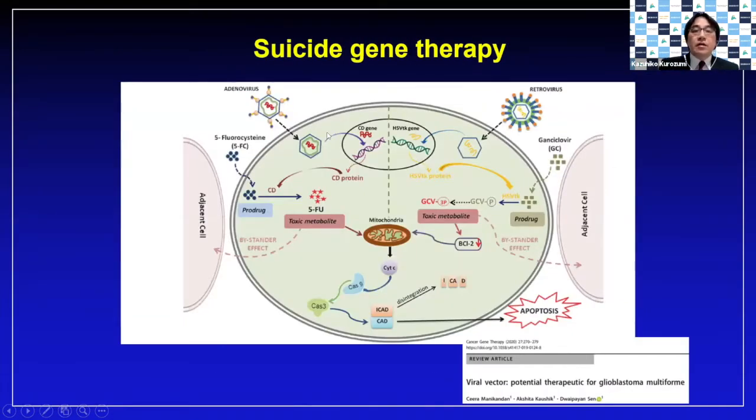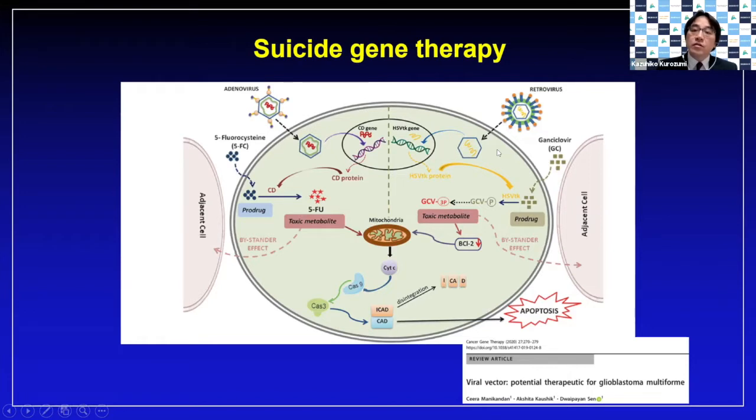Another thing we need to learn is suicide gene therapy. There are two popular suicide gene therapies. One is the TK-GCV system, and another one is the CD-5FC system. TK-GCV is thymidine kinase with ganciclovir, a prodrug.